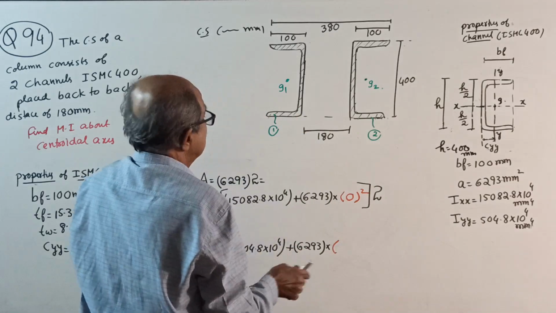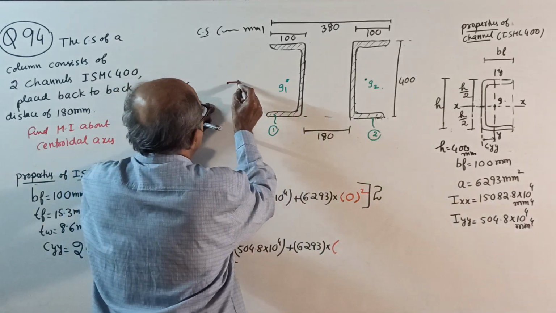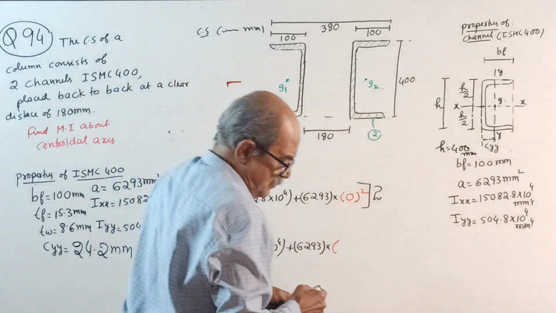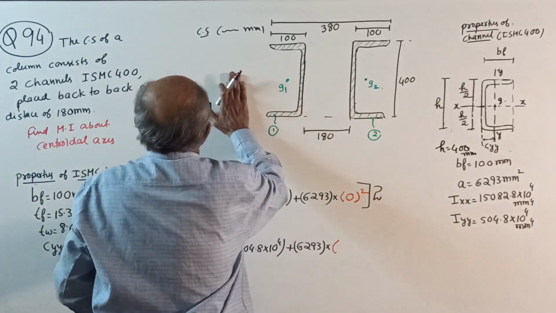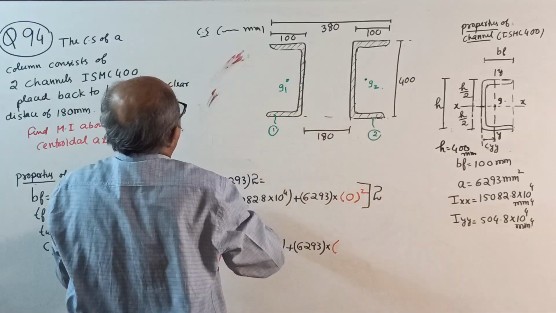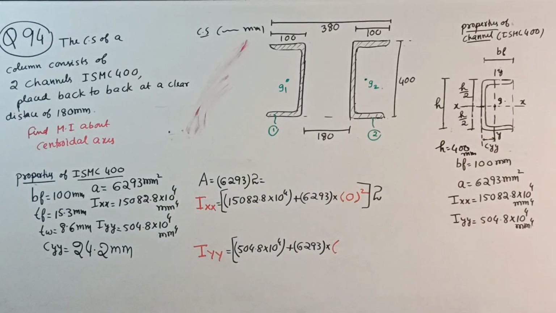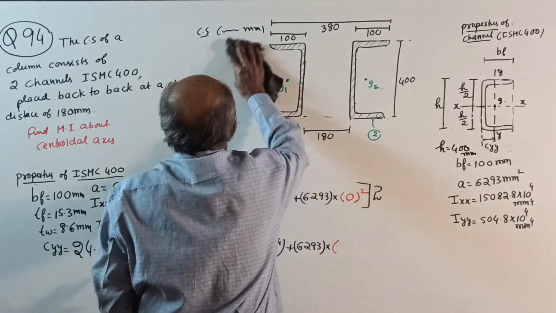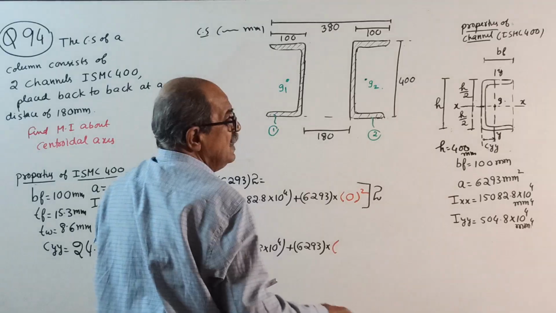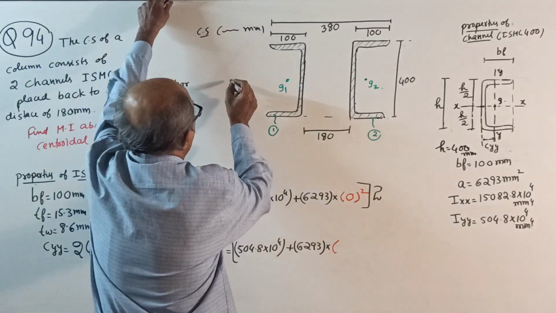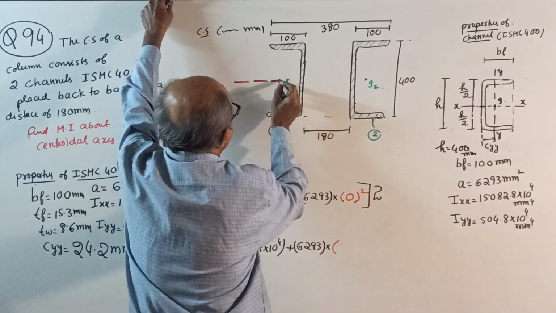Make a note that due to symmetry, whenever symmetry is given, you don't have to locate XX and YY. Directly mark it. You locate XX or YY only when there is no symmetry. So directly due to symmetry, XX will come here.